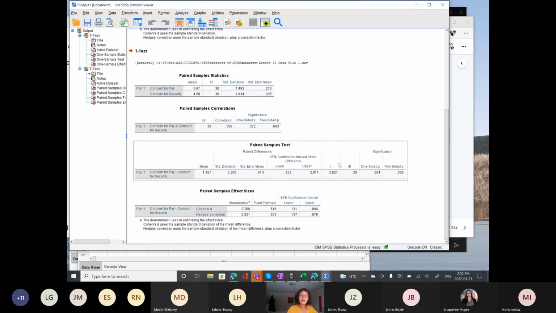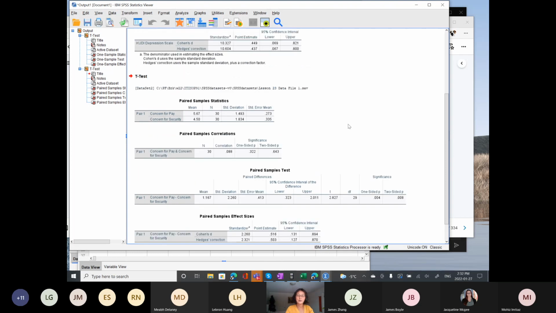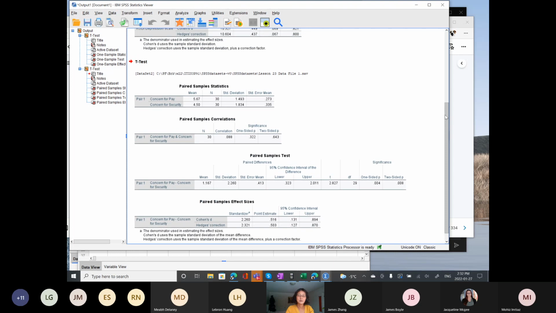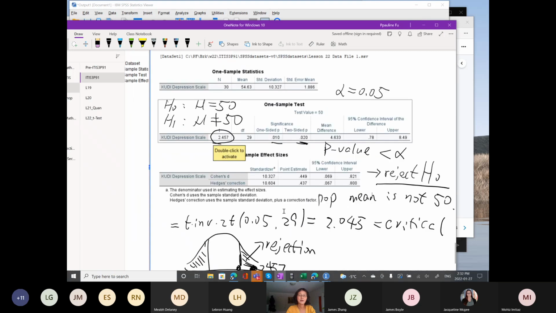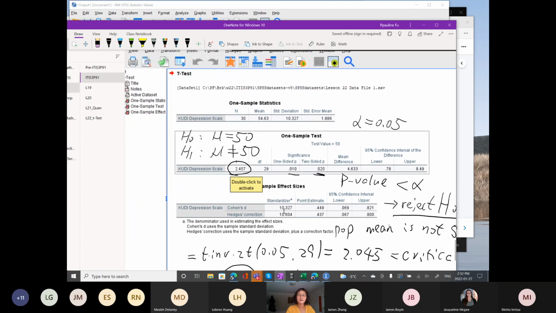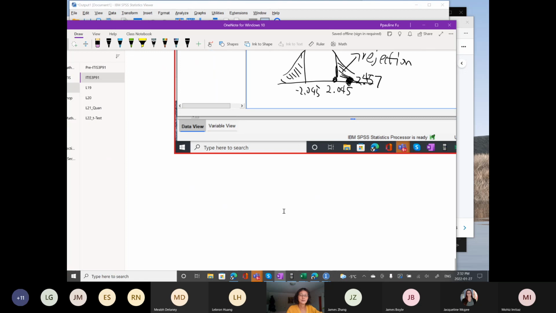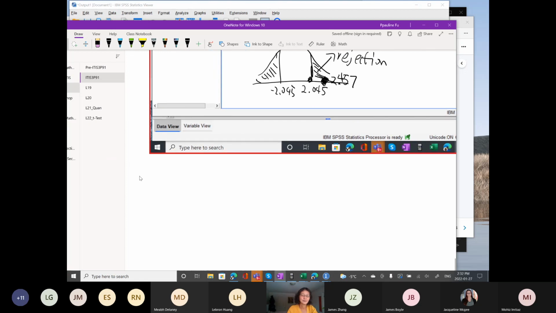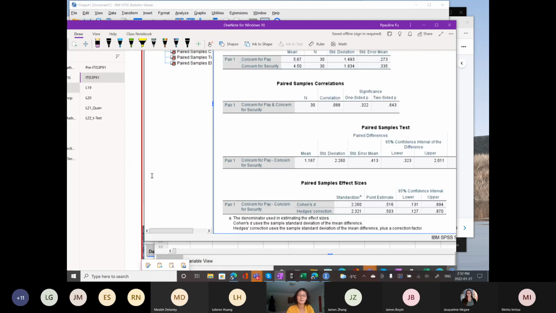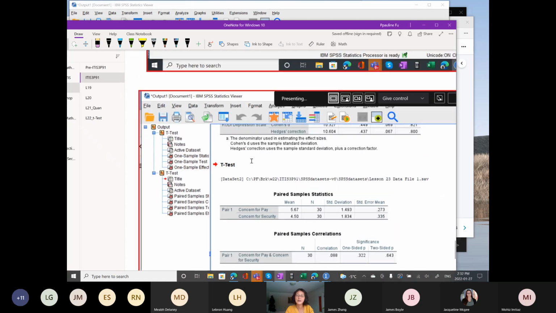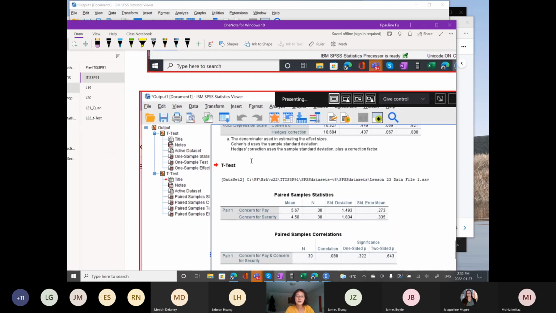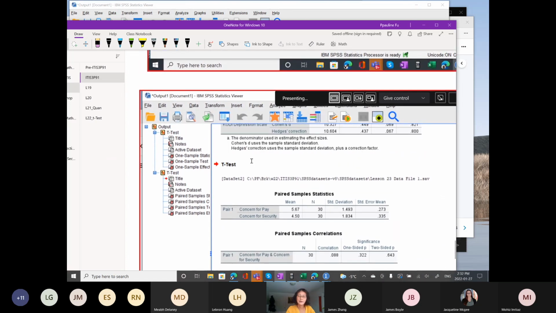Now you get the result. So I'm going to copy this result to OneNote so that I can make annotations. So this one is lesson 23.